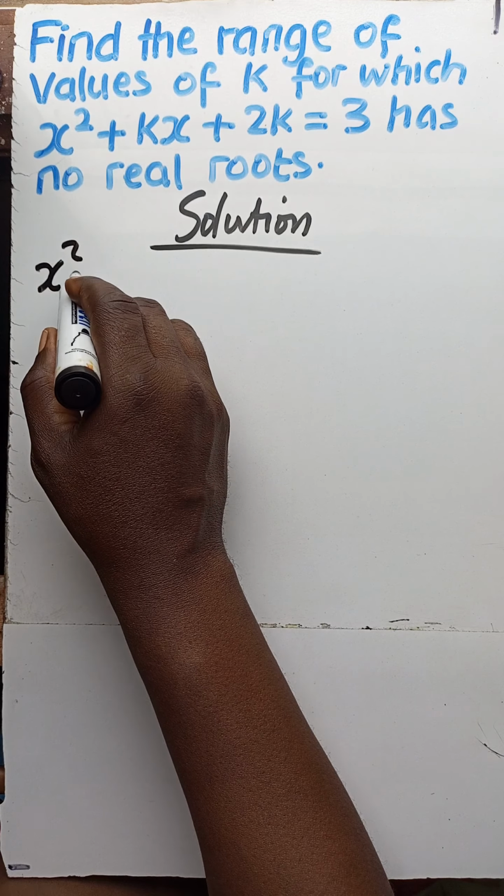So we'll have k squared plus negative 2 minus 6k plus 12 less than 0. So we'll open this bracket. We'll have k squared minus 2k minus 6k plus 12 less than 0.